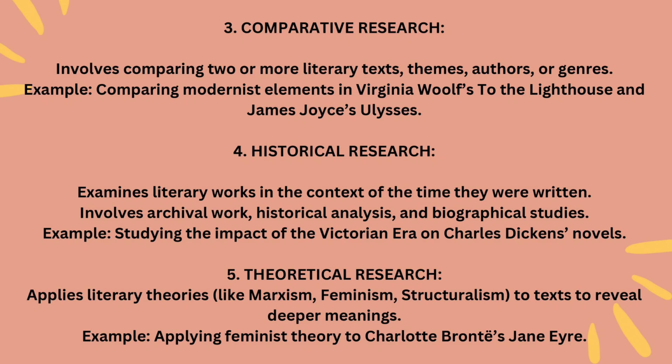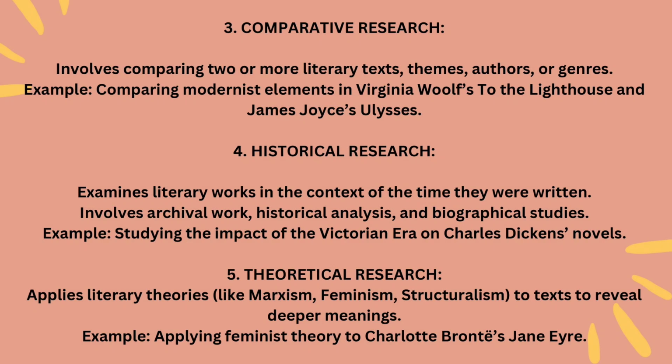Next, we are going to learn about historical research. This kind of research examines literary works in the context of that particular work's period of time. For example, take the Victorian influence in the works of Charles Dickens.